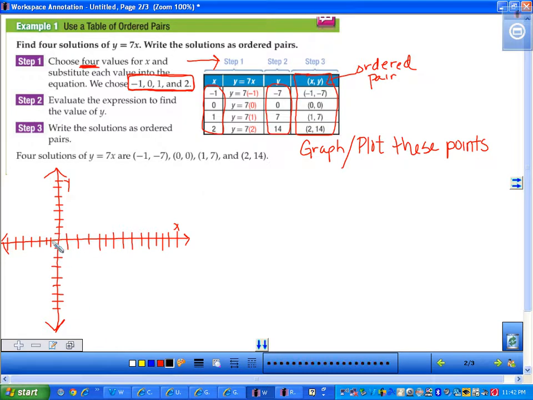So negative 1, 1, 2, 3, 4, 5, 6, 7. Negative 1, negative 7. Then I have 0, 0. That's the origin. I'm not going anywhere. 1, 7. 1, 2, 3, 4, 5, 6, 7.